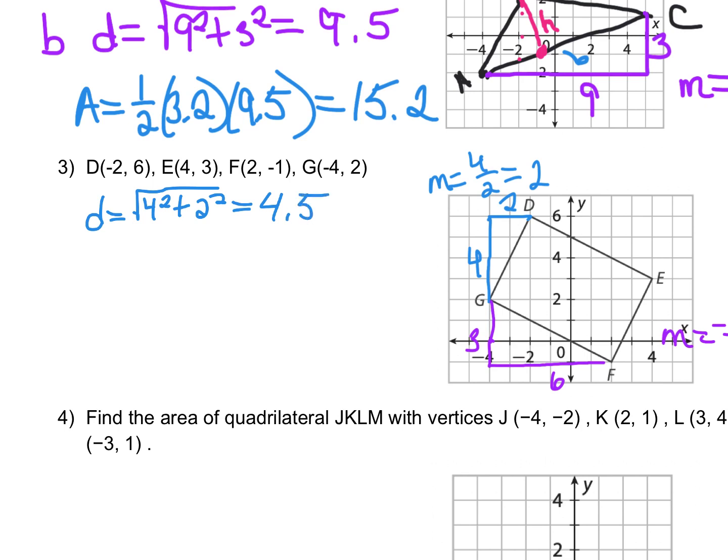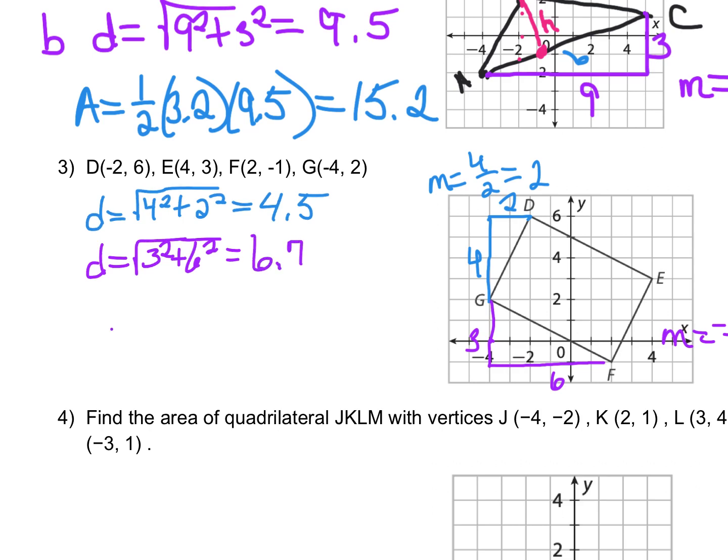And then my purple side, the distance is 3 squared plus 6 squared. Square root of 9 plus 36, 6.7.